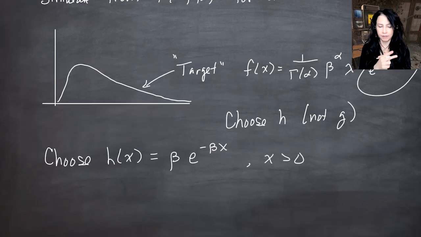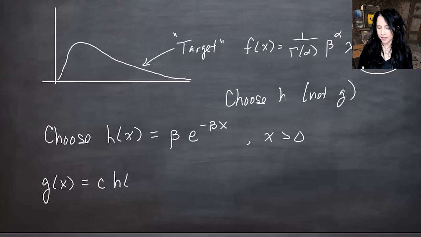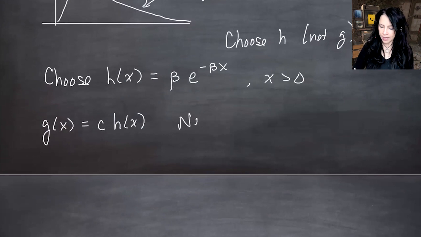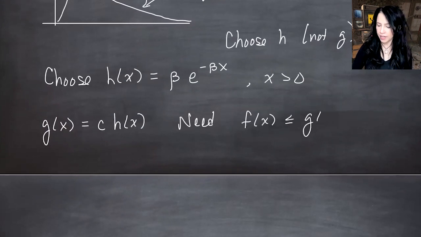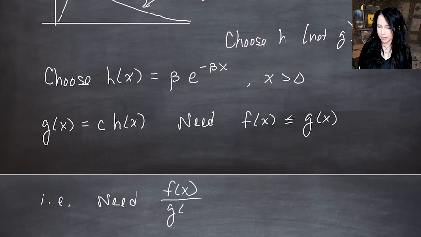And what do we need? Remember that g of x is going to be c times h of x, because h of x was 1 over c times g. And we need f of x to be less than or equal to g of x, i.e., we need f of x over g of x to be less than or equal to 1.